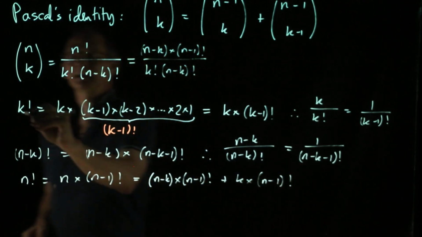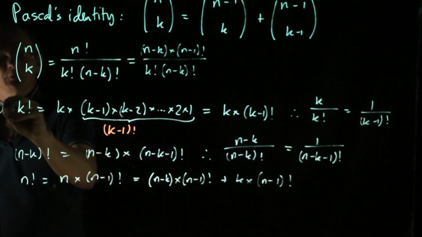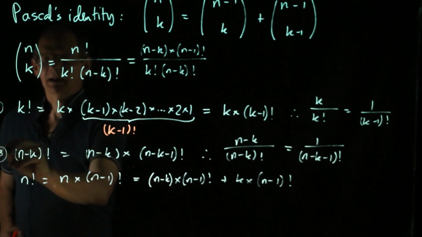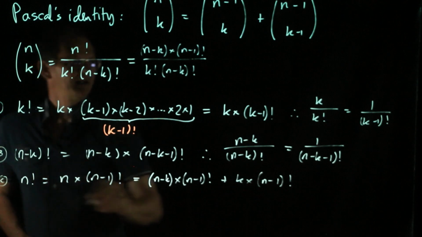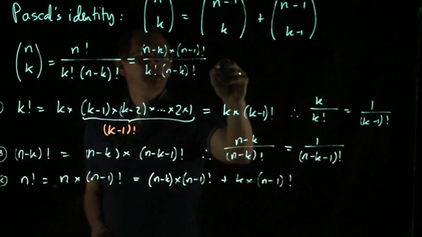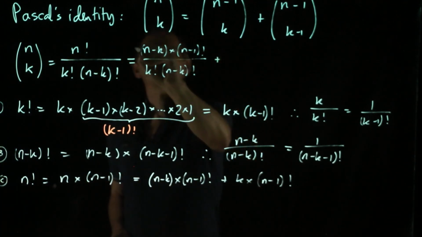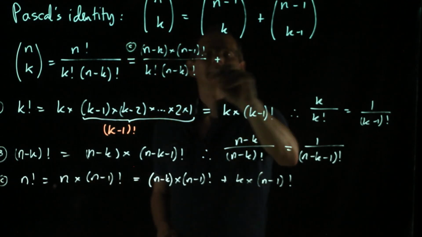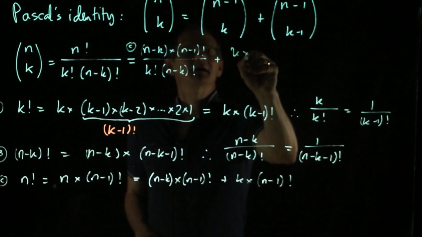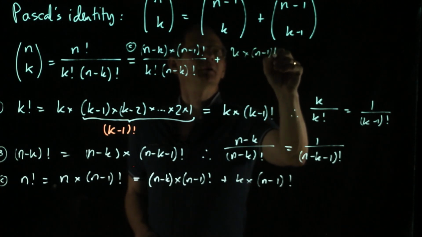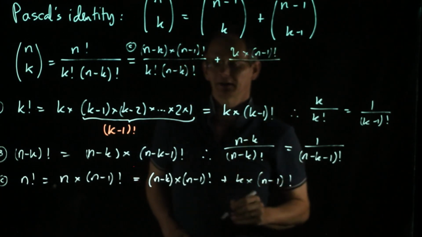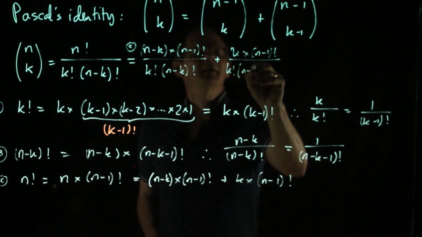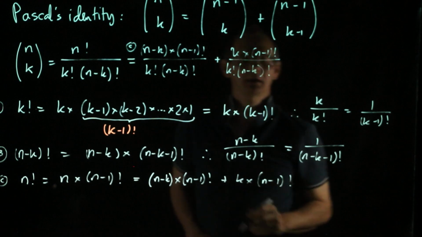Let's label these: call this A, this line here B, and this line here C. Using equation C, we get plus k times n minus 1 factorial over k factorial n minus k factorial.